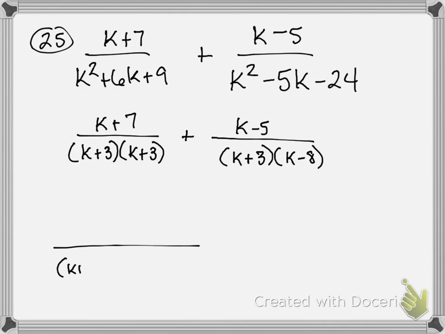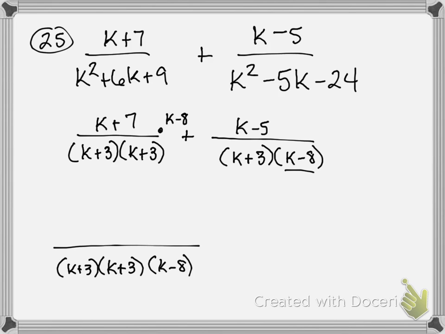So it's going to be k plus 3, k plus 3, and k minus 8. So what does the first piece need? The first piece needs a k minus 8 over here. So I've got to multiply the first one by k minus 8.